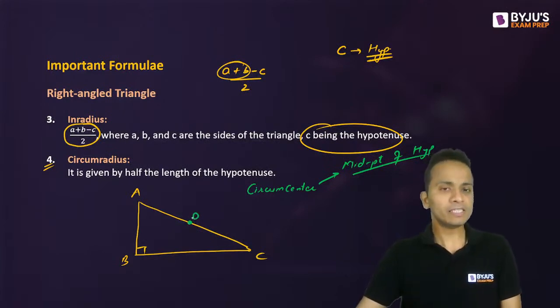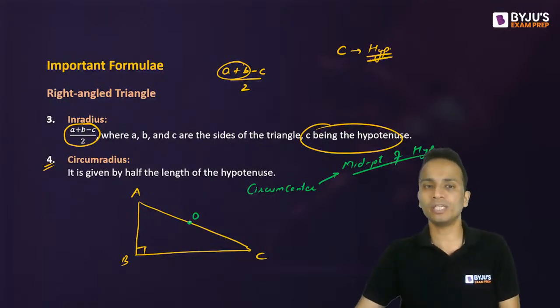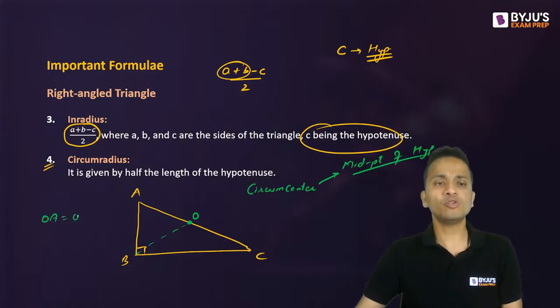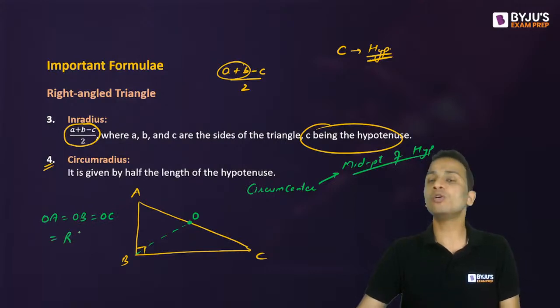Now it's a property of any general triangle that the circumcenter is always equidistant from the three vertices. So this point O is equidistant from A, C and B. So if I join OB, then OA is equal to OB is equal to OC, and all three of them are equal to the circumradius of this triangle.